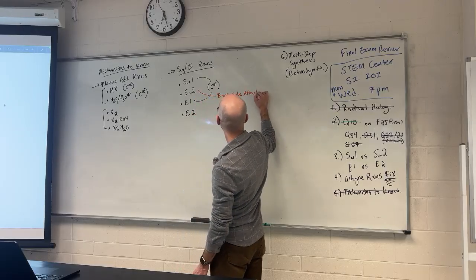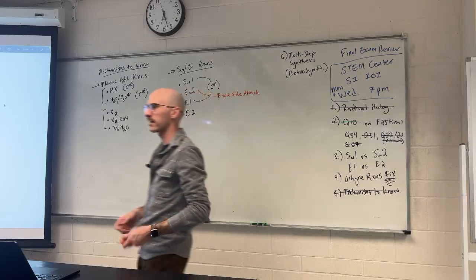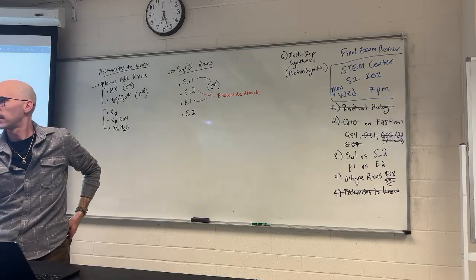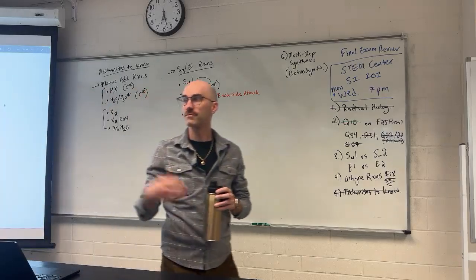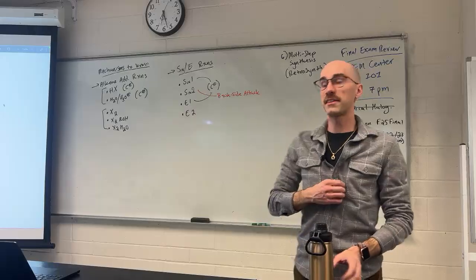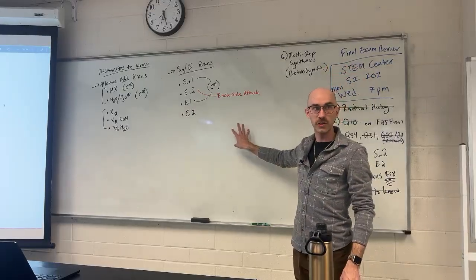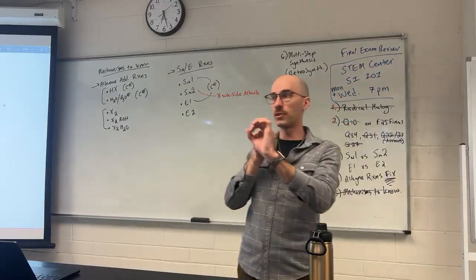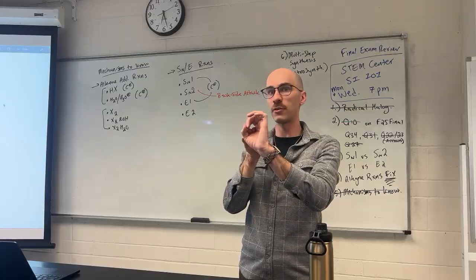What do we mean when we say a backside attack? The stereochemistry inverts. And that's because of what I had drawn earlier. The nucleophile has to attack the carbon directly opposite of where the leaving group is.